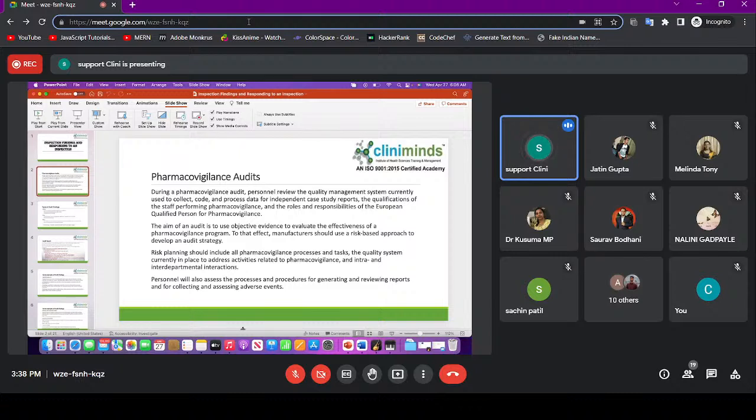So if the patient says that he took, let's say, Tylenol, or he took Advil. Advil was one of the famous products with Pfizer. So if the patient says, I took Advil, and after taking Advil, I'm experiencing rashes all over my body, so if that happens, what are the questions?